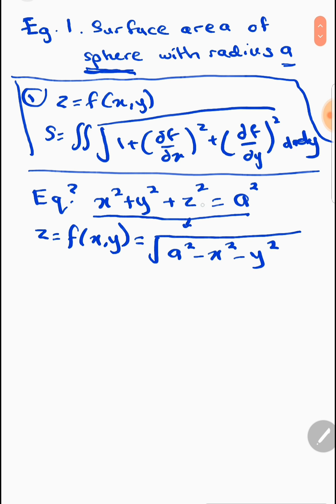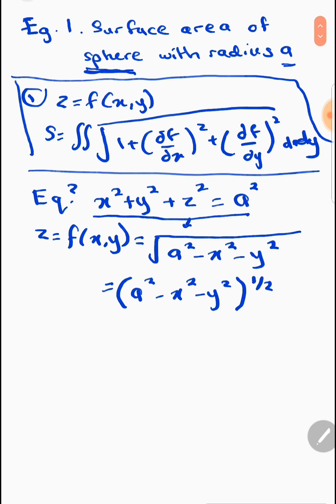First, find what your z squared is, and after finding your z squared, you find your z, and you should be able to get this equation here. And because I am going to do the partial derivative of it later, I like to express it in terms of this in brackets. I can also express the square root with the power of half, right?